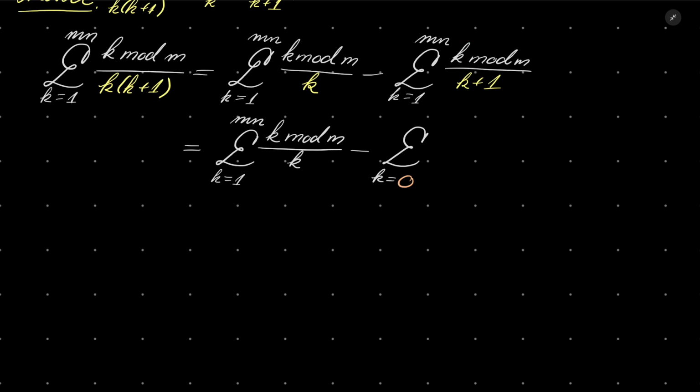And moreover, we can end the summation on mn minus 1 instead of mn. Again, why is that? Because if k equals mn, we have a multiple of m, and mn modulo m is 0. So we can omit these two terms.